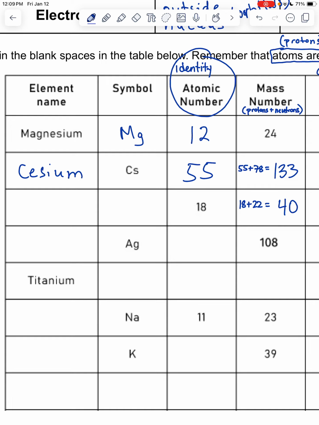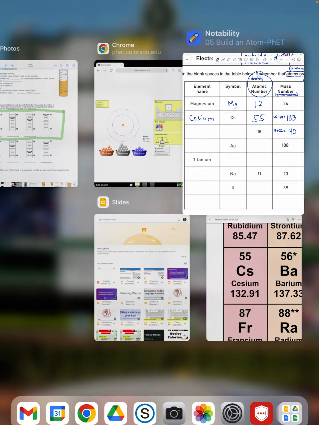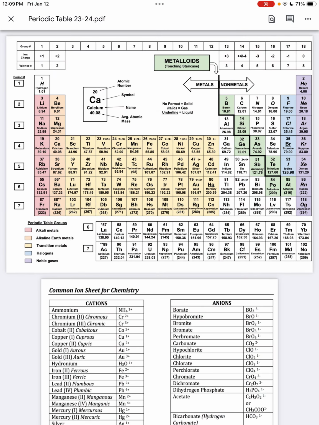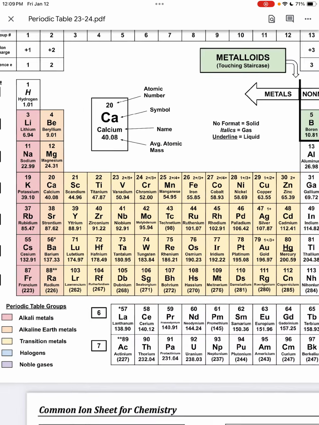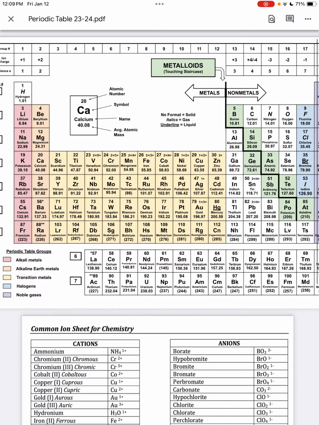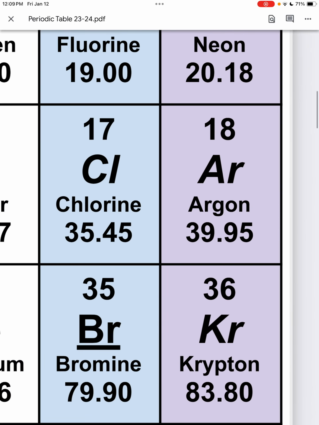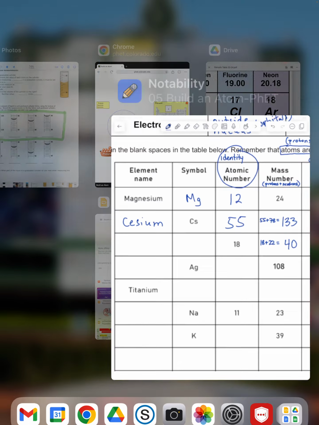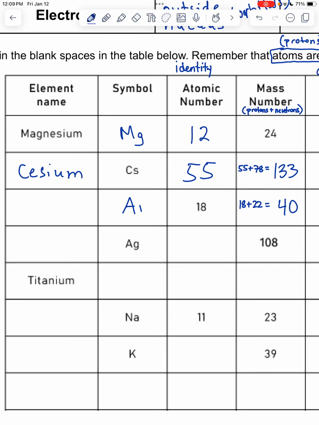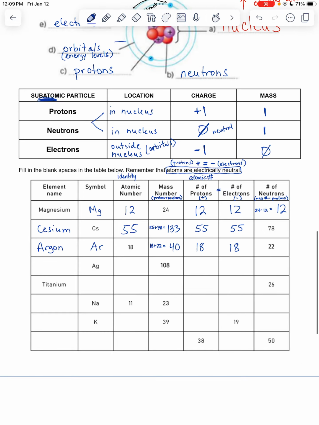Let's figure out what number 18 is. Remember, the atomic number is at the top. So I'm looking, and it goes in order, so nice. And 18 happens to be right here, right? That happens to be argon, which is a noble gas. So we have argon, and we have officially worked through that one as well.